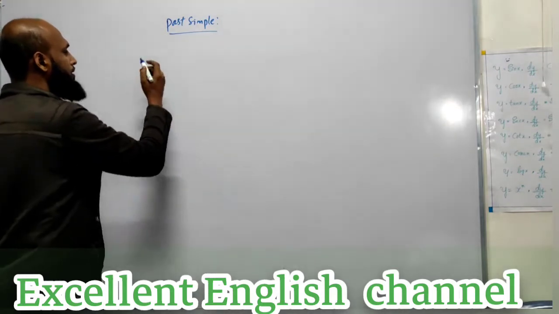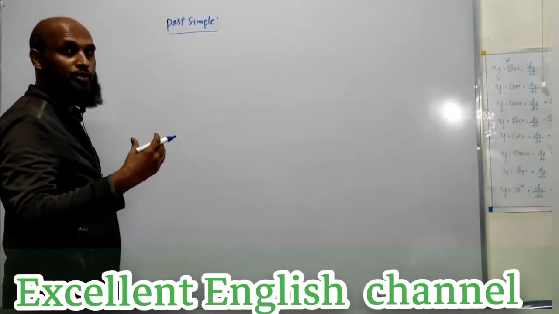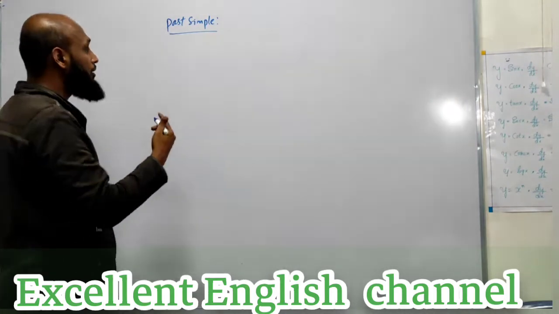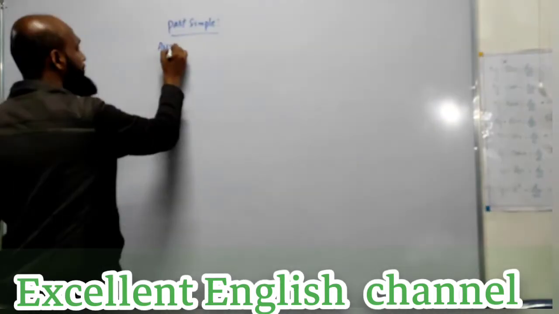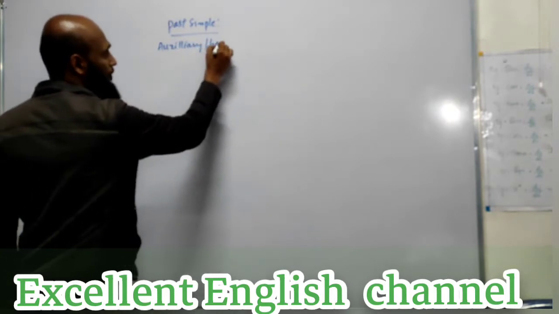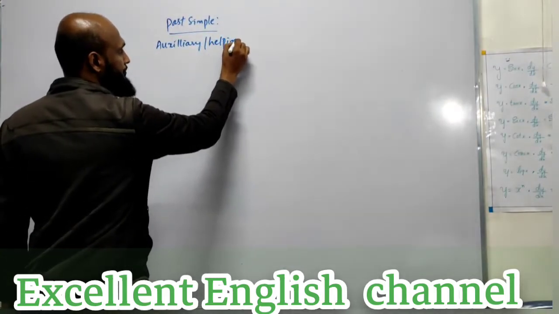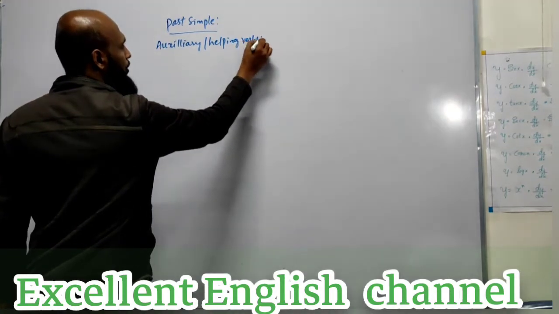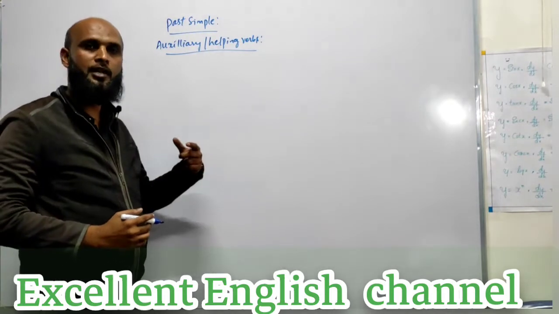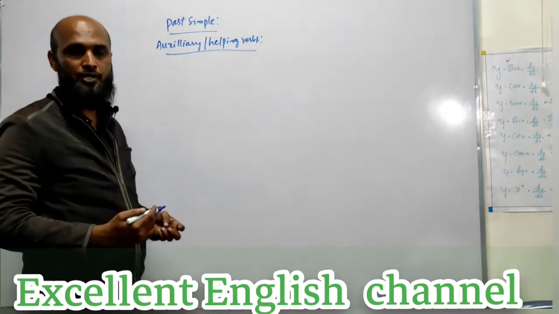Now let us look at the auxiliary or helping verbs that we are going to use in past simple. I've already covered the topic about verbs and types of verbs and their usage.